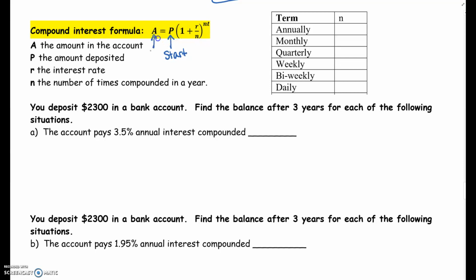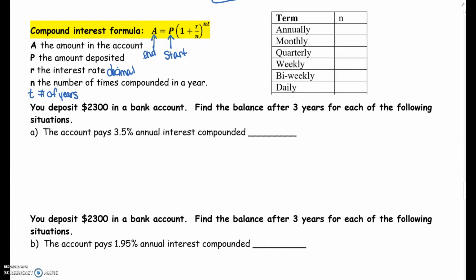A is like your ending amount, which we aren't really going to get to until later. So A is like the number you're going to get when you plug things into your calculator. R is still your interest rate written as a decimal. And N is the number of times it's compounded in a year. And T is the number of years.